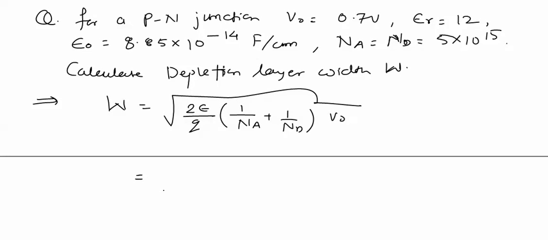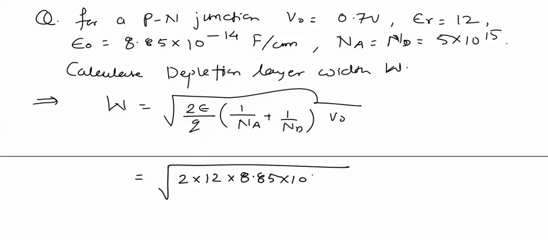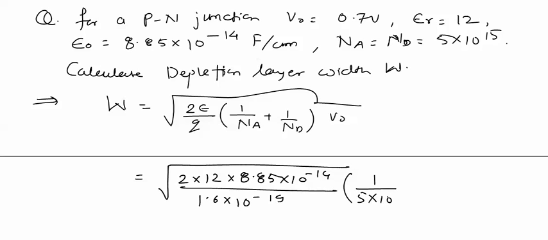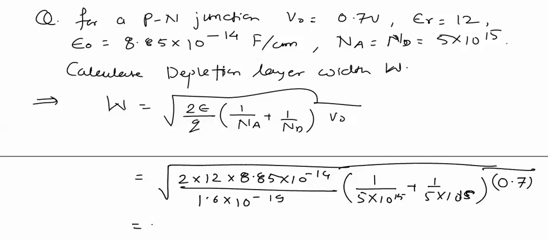Substituting all the values, W equal to under root of 2 into 12 into 8.85 into 10 raised to power minus 14 divided by 1.6 into 10 raised to power minus 19 coulomb into 1 upon 5 into 10 raised to power 15 plus 1 upon 5 into 10 raised to power 15 into contact potential V naught, that is equal to 0.7 volt.